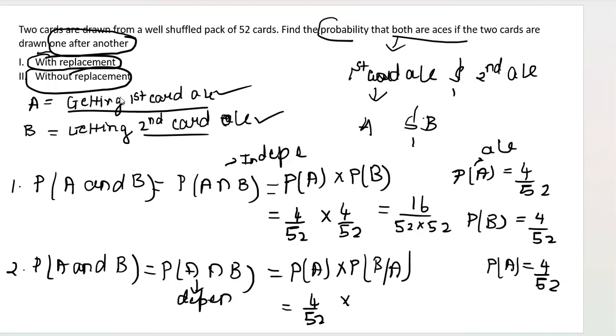This line means given that A, which over here is the first ace. So this is nothing but 3 upon 51.